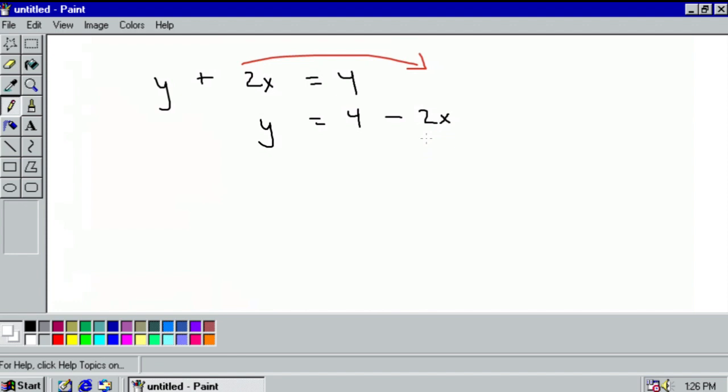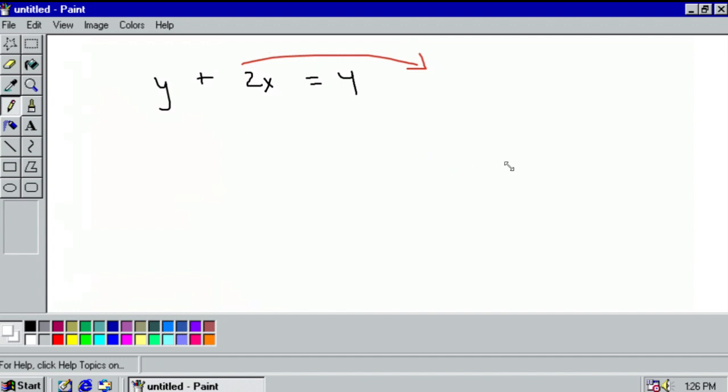As you can see, we were able to eliminate the 2x term from the left hand side of the equation. But when we did, the same term appeared on the right hand side of the equation. It has its sign changed.